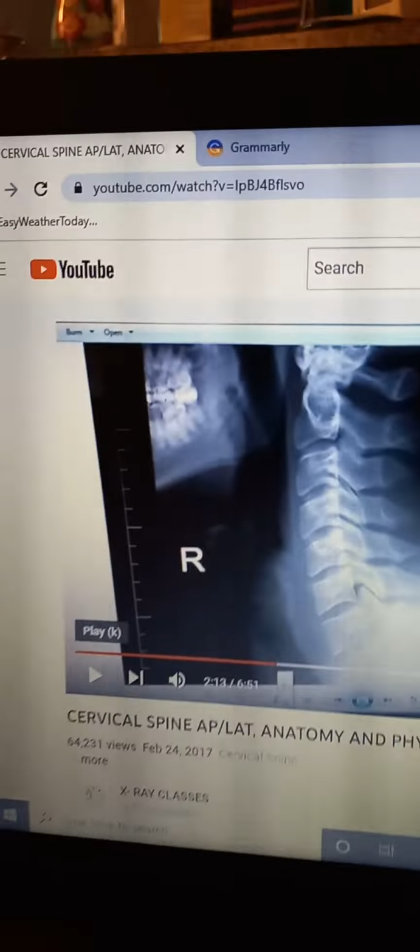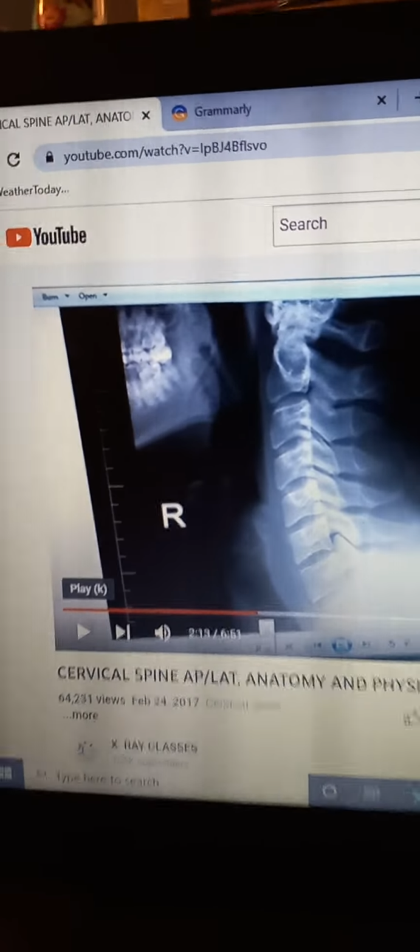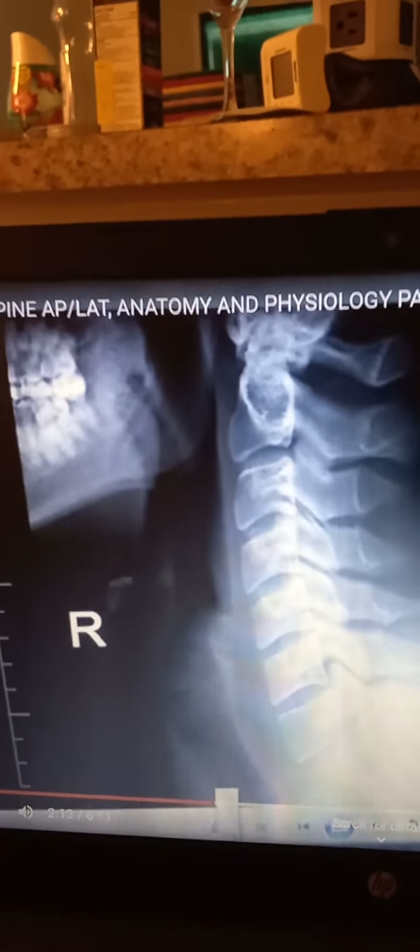compared to a normal X-ray, it's not uniform. See how these are uniform? So this happened in now here.